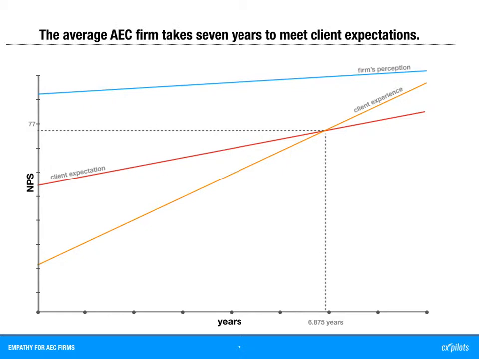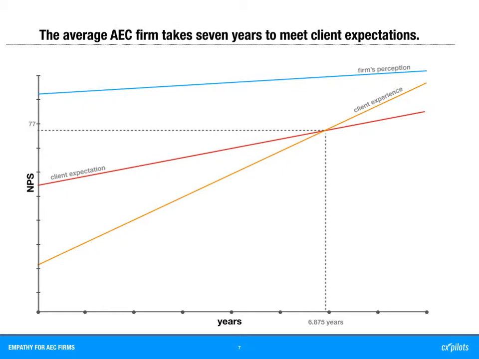If you think about the duration of a project, over several projects, if you're doing things right, before you get to that point where you're measurably meeting the expectations of your client, it's going to take a little over 6.5 years.